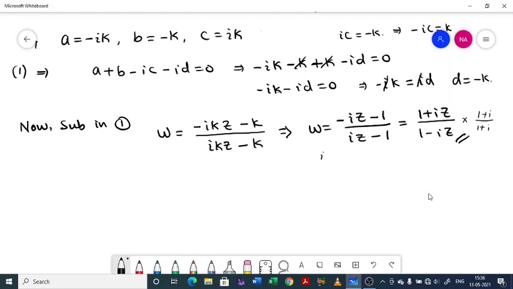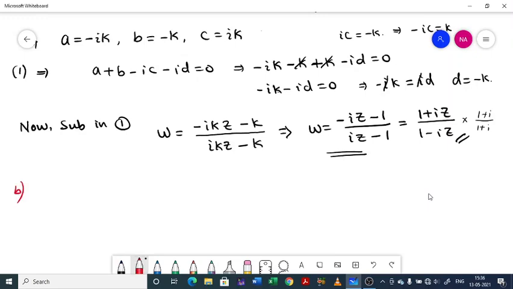If you give z equal to I here, 1 plus I into I, I square is minus 1, so 1 minus 1 you get 0. So 2 points are verified. Finally, if you take z equal to minus 1, you can check that you clearly get minus I. So this transformation is correct.